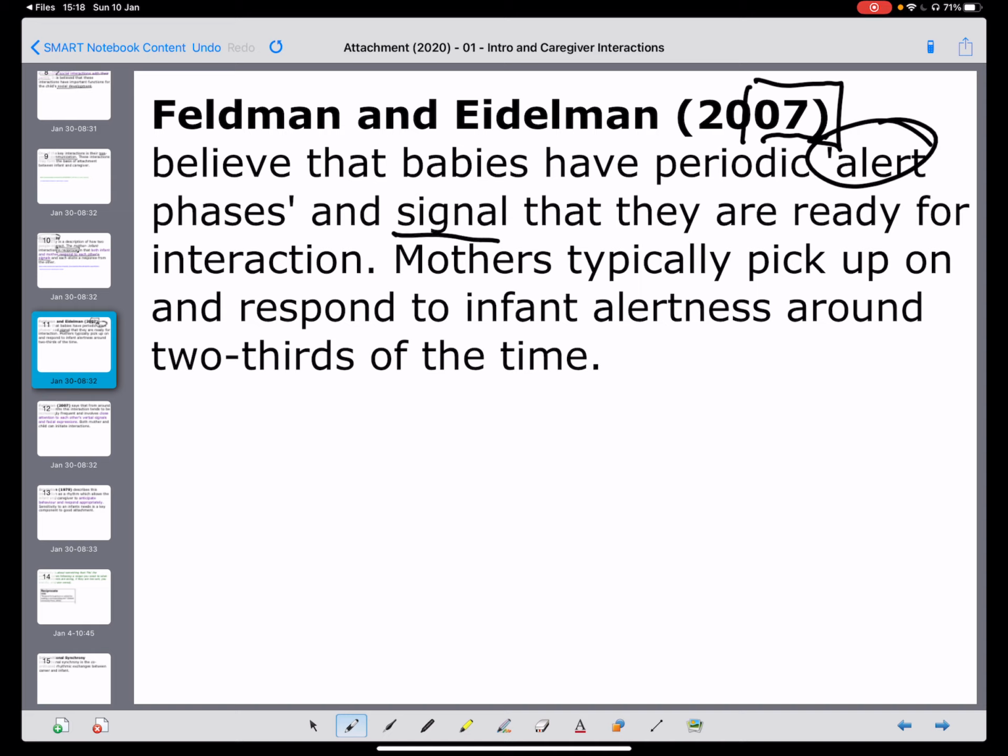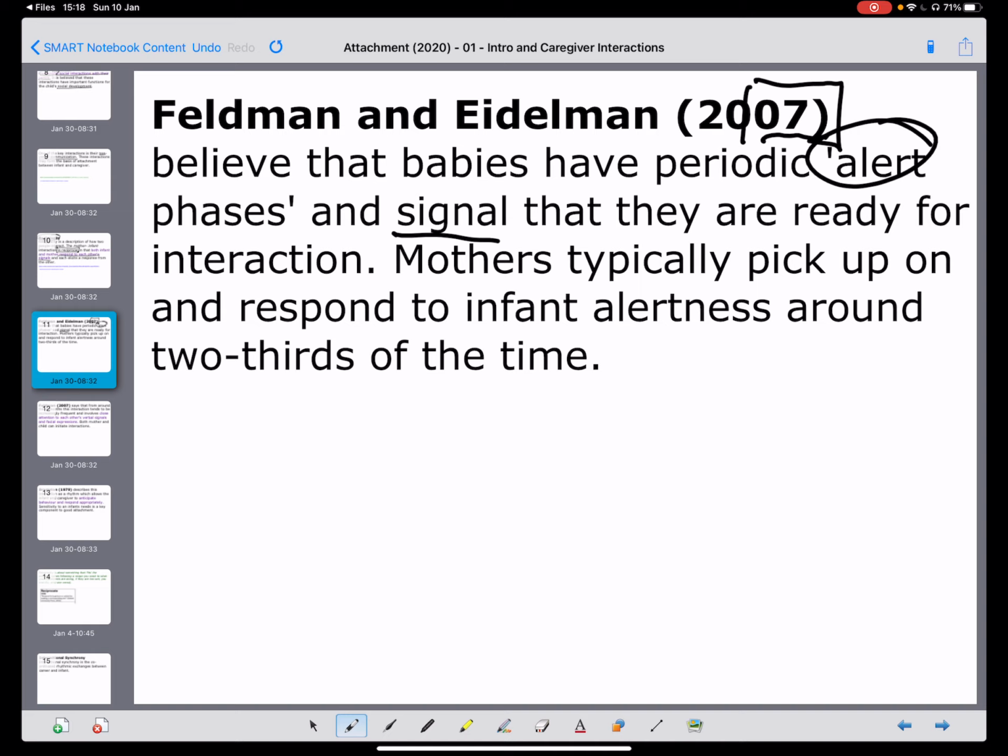Obviously babies don't have the capacity to say, "Oi, come and play with me." So they might giggle or cry, or they might just make a noise. We saw from the still face experiment that signal the baby makes to say, "Hey, hang on, what's going on here?" And we can see that this happens.